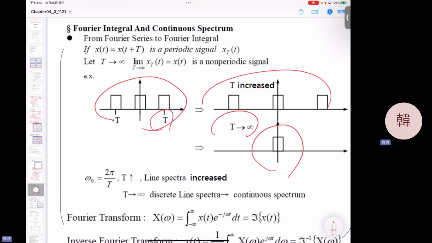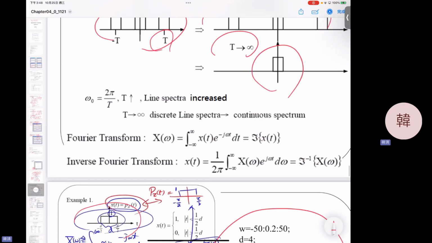They connect together in your Fourier domain. So your Fourier components become a continuous spectrum. The original periodic signal in the Fourier domain is a line spectrum. You can see a lot of lines in the Fourier domain. But when your signal becomes non-periodic, all the line spectrum close together, becoming a continuous spectrum. Okay, that's just the idea here.